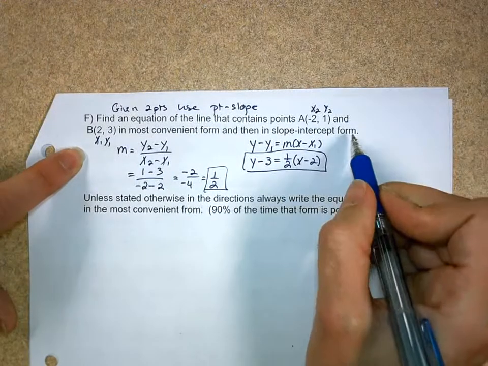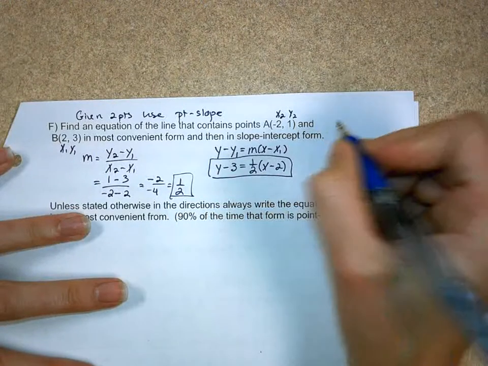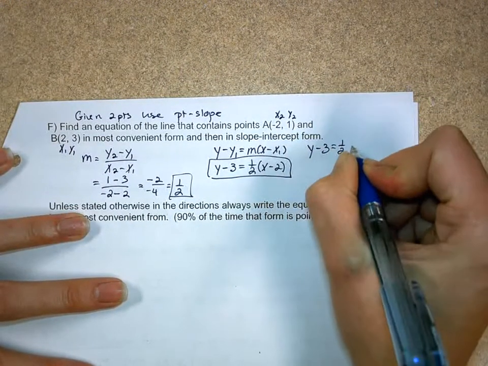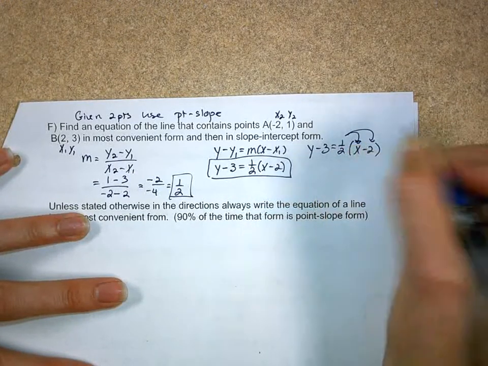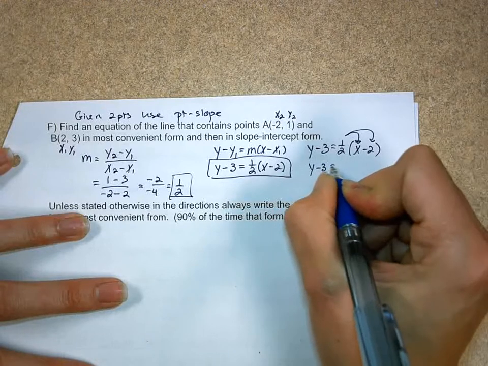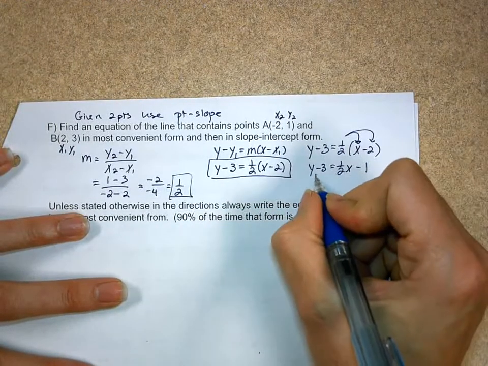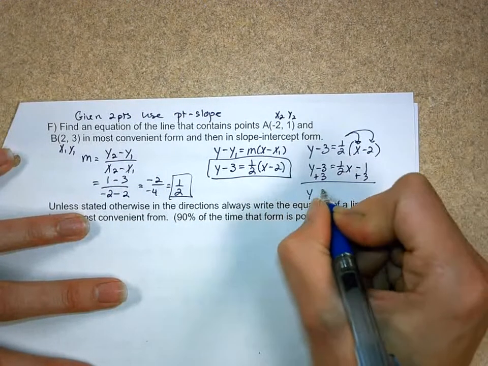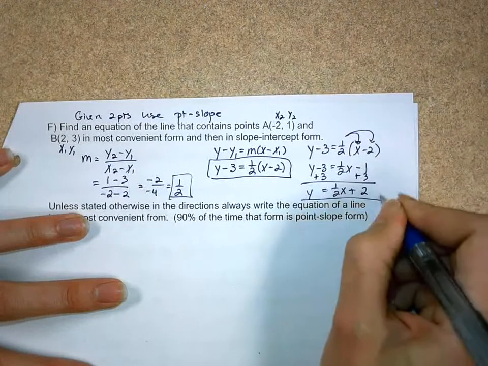Now it wants you to change it to slope-intercept form. So to do that, you have to distribute your 1/2. So let me rewrite that over here. I'm going to multiply it to each one. So I get y minus 3 equals 1/2 x minus 1. Add 3 to both sides. y equals 1/2 x plus 2.